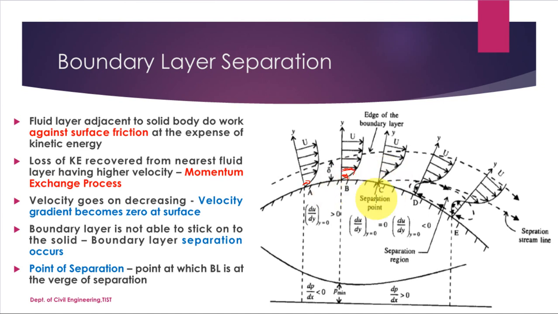So when such a situation occurs, the particles will not be able to stick on to the boundary of the solid body. So they will be going away from the boundary, and the boundary layer is separated from the boundary. Okay, so the point at which, see in this figure you can see that this point C is marked as the separation point.